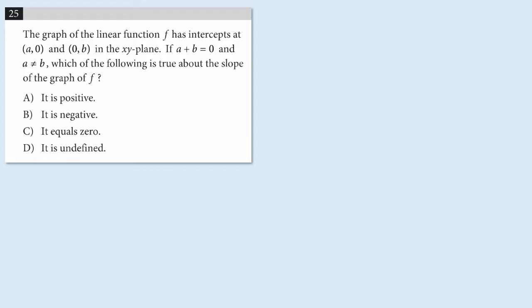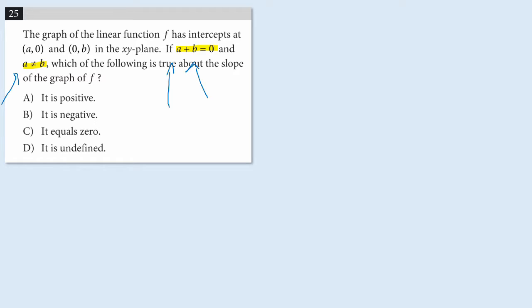So we're going to focus on two pieces of key information. So one is a plus b equals 0, and a is not equal to b. So let's just think of two values, a and b, that make these statements true.